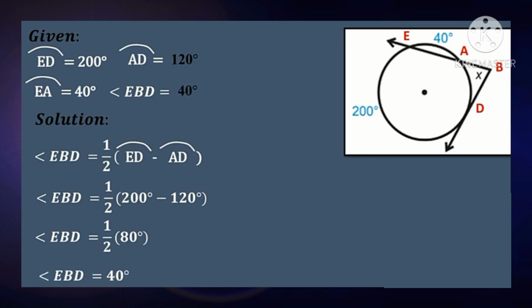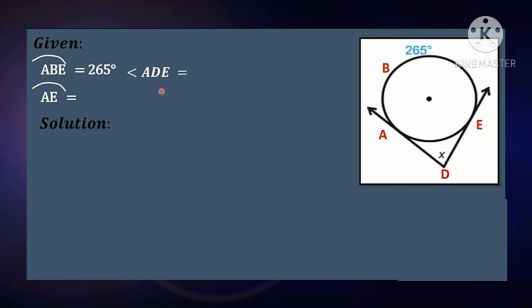Let's now try the last part, which is to find the measure of the exterior angle formed by two tangents. From the figure, the given is arc ABE, which is the major arc, measuring 265 degrees. That's one of the intercepted arcs.